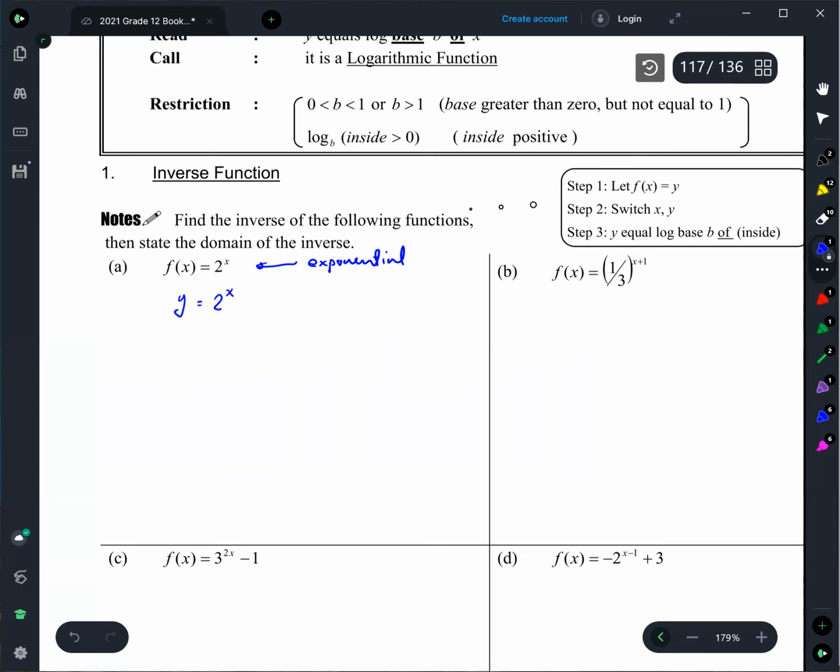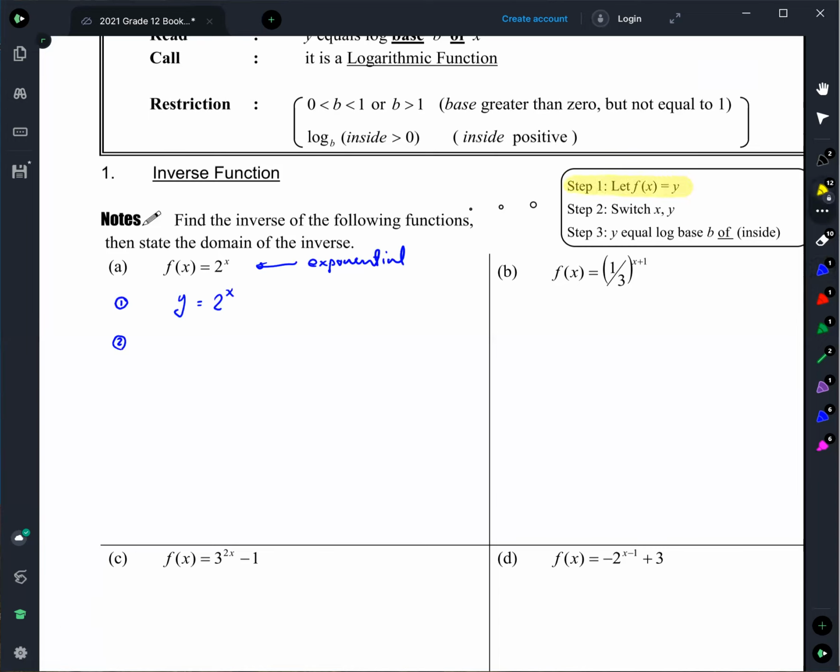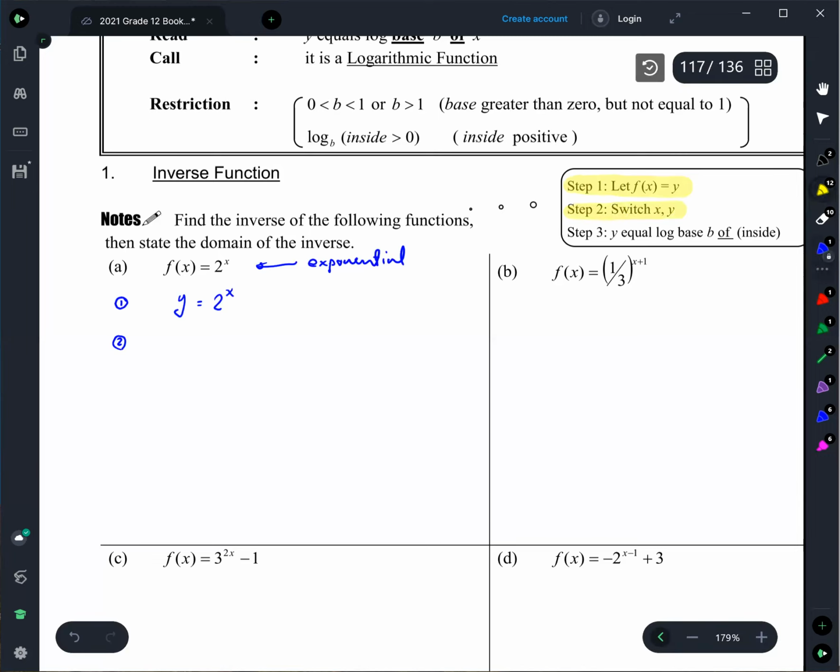Because it's easier to just write y. So that's your step one, right? Step two, we are following this part. Step one, we write f of x equal to y. Step two, you switch the x and y. So you write x equal to 2 to the y.